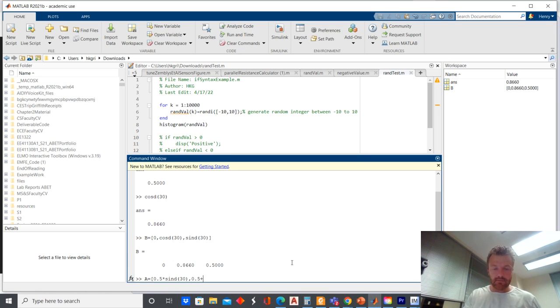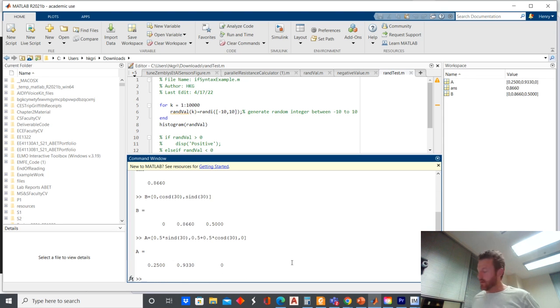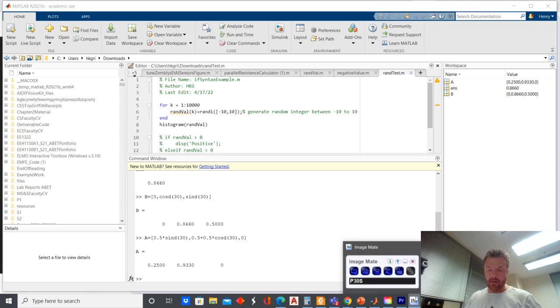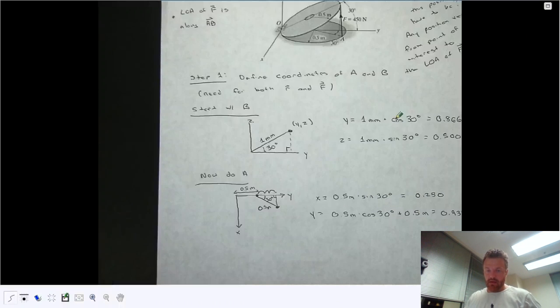The y component is going to be 0.5 plus 0.5 times cos 30. And it has no z component because it's purely in the xy plane. And what I find is that x is 0.250 and y is 0.9330.